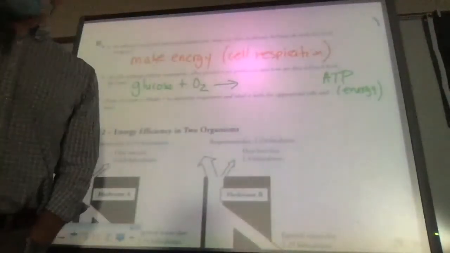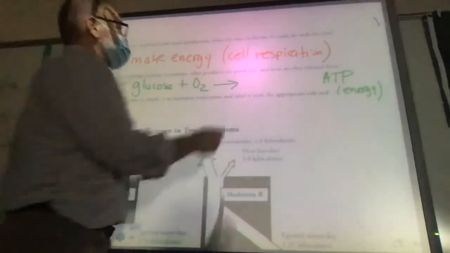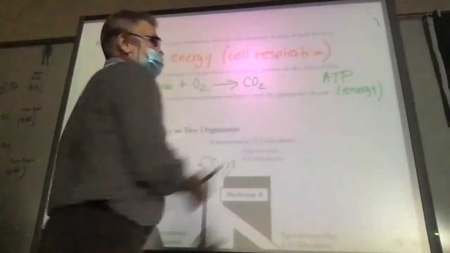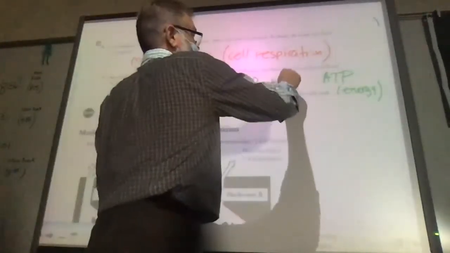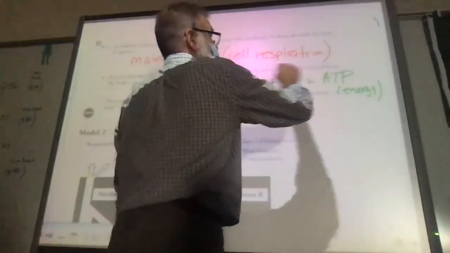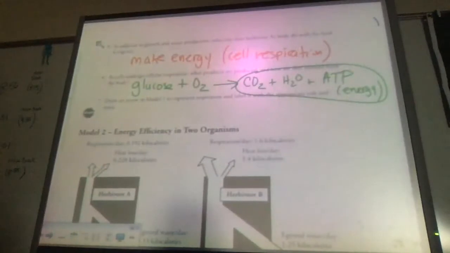If we're taking in oxygen, what are we giving back out? CO2. Giving out CO2. And your breath also has moisture in it, so we're also giving out water. This is really the answer we're looking for in number 6: the products we produce are carbon dioxide, water, and ATP.